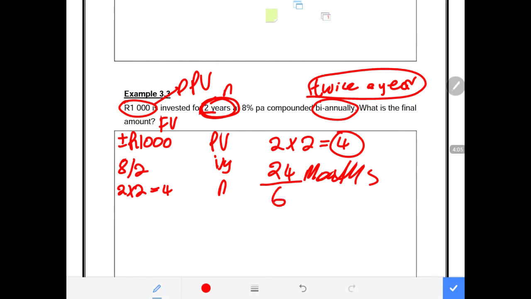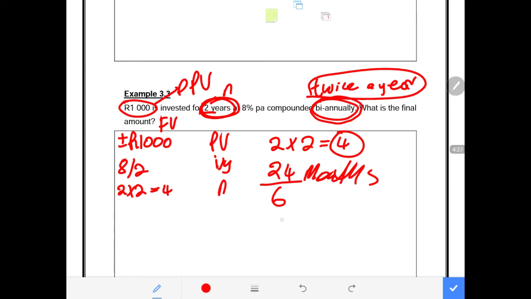Where is 6 coming from? It is because biannual means 2 times a year. That means there are 2 six-month periods in a year. So now if you say 24 months, we will say 24 months divided by 6, because one compounding period is 6 months, half a year.